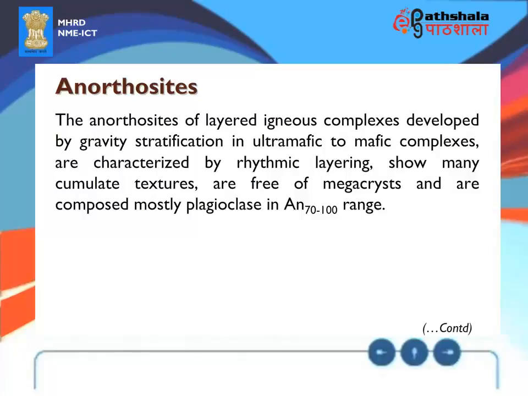The anorthosites of layered igneous complexes developed by gravity stratification in ultramafic to mafic complexes are characterized by rhythmic layering, show many cumulus textures, are free of megacrysts and are composed mostly of plagioclase in the An70 to 100 range.